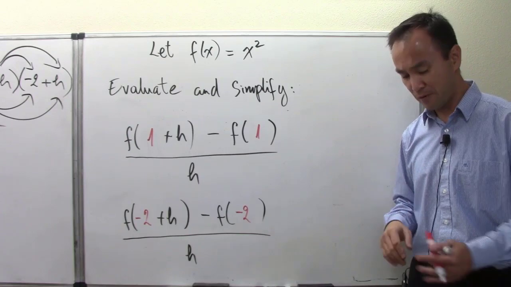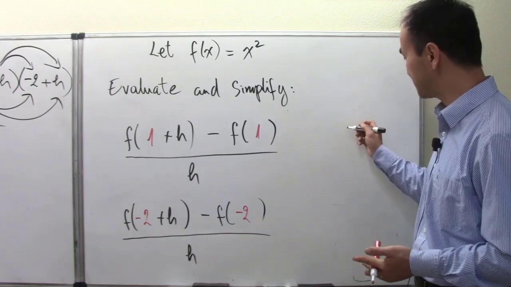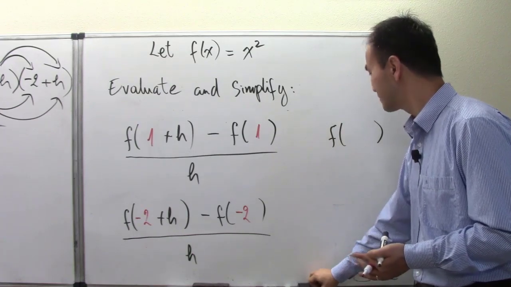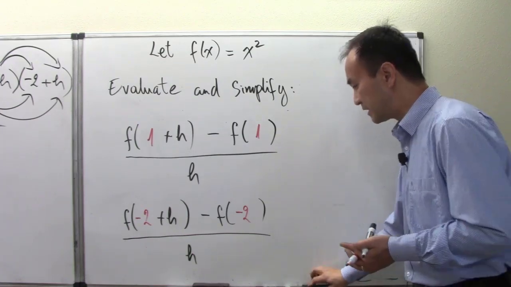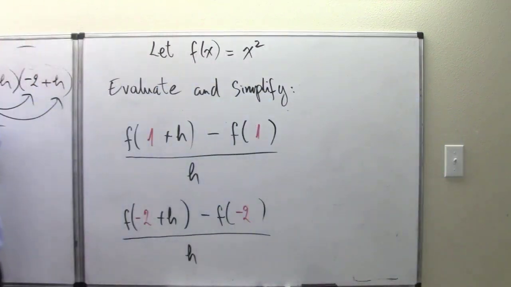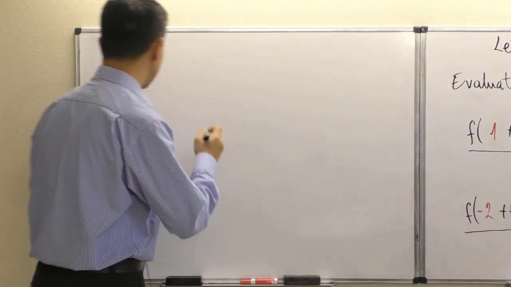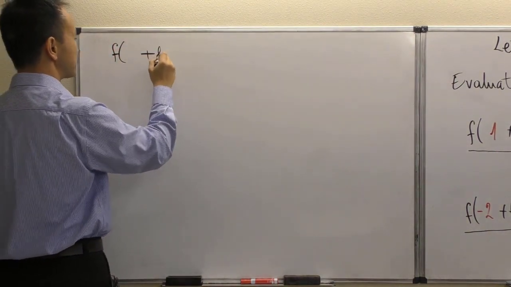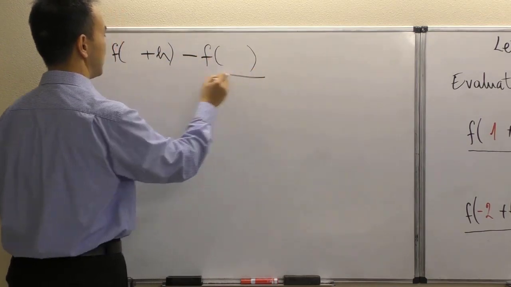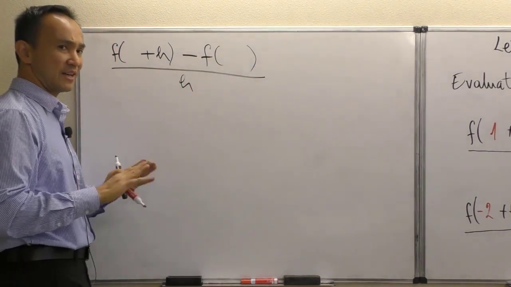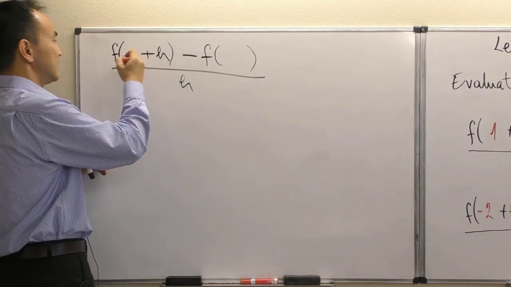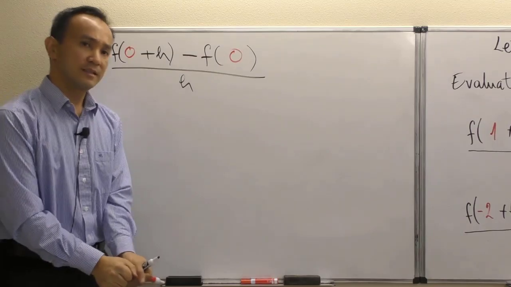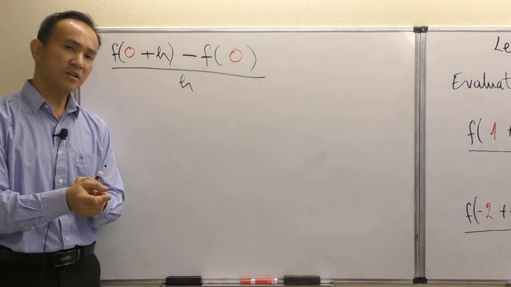The third problem that I put up for your own trying, let me write this on the other board, has the same structure: f of something plus h minus f of something, over h. It's so common that I can even just write down that common structure, and there's a 0. All right, so three problems are on the board right here.